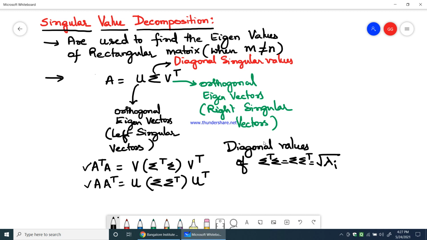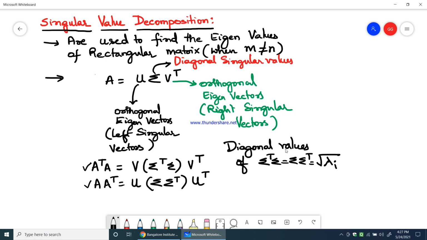But while writing the diagonal elements, we put the square root of those eigenvalues in the diagonal entries. That is what we do in singular value decomposition.